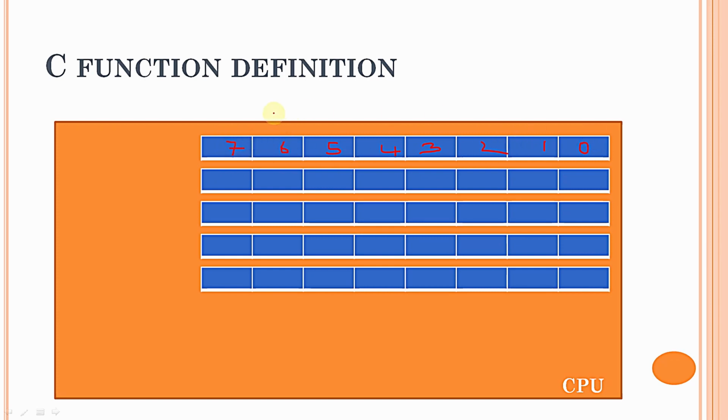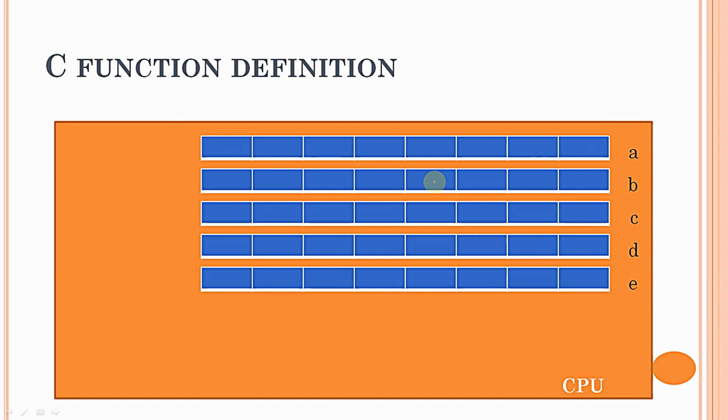Let's name each of these memory locations and consider each as a different variable. So let's name them A, B, C, D, E, each of size a byte.